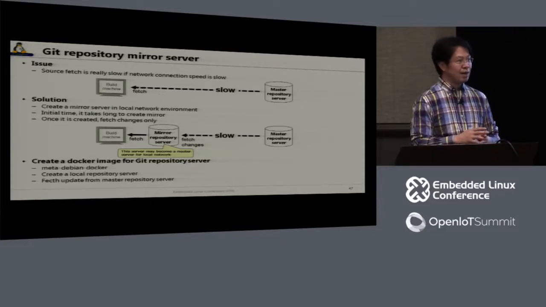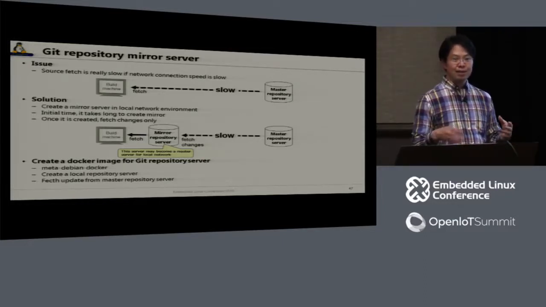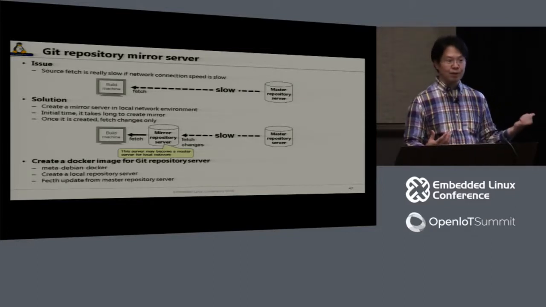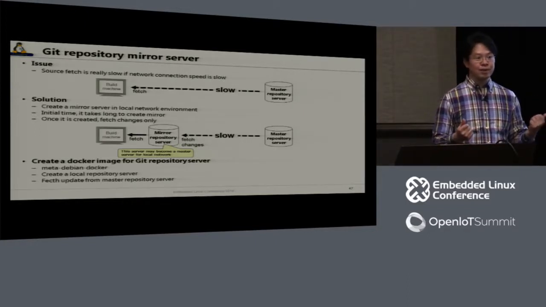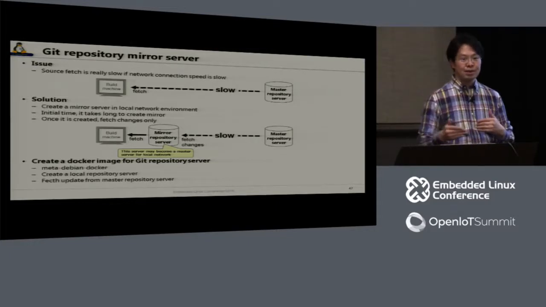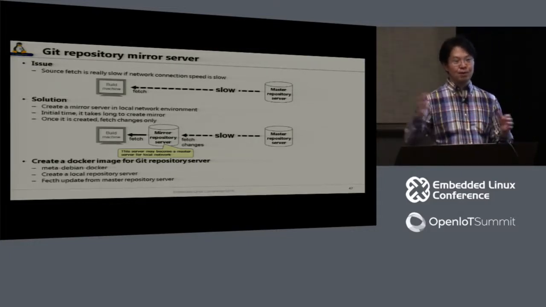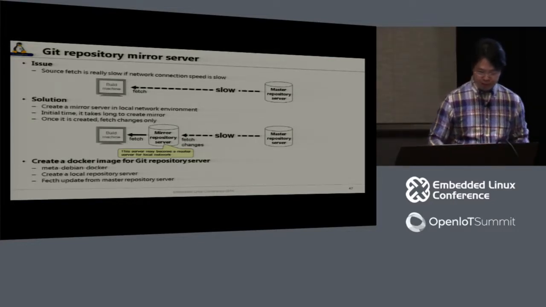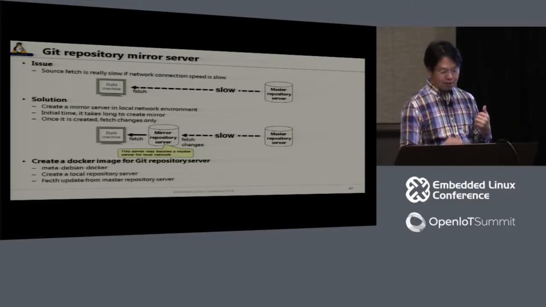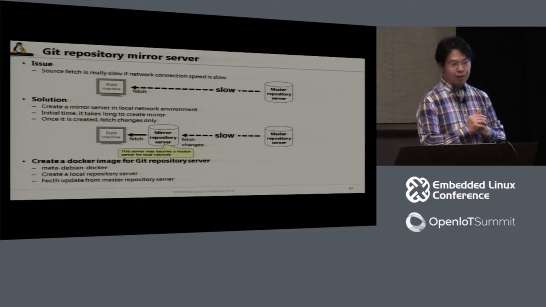And once it is created, meta-debian-docker has some scripts inside that try to fetch only modifications. So the second time, the synchronization between GitHub and the local server is quite fast. And we are also able to use this kind of mirror server as a master server inside, for example, your build environment.